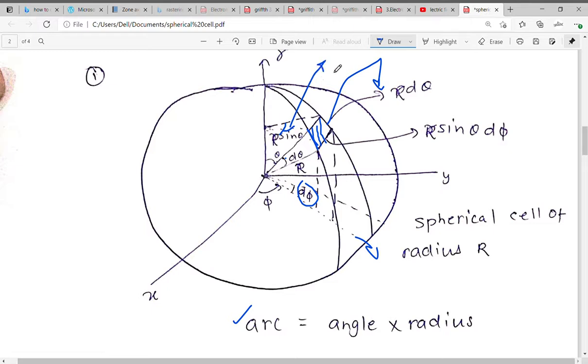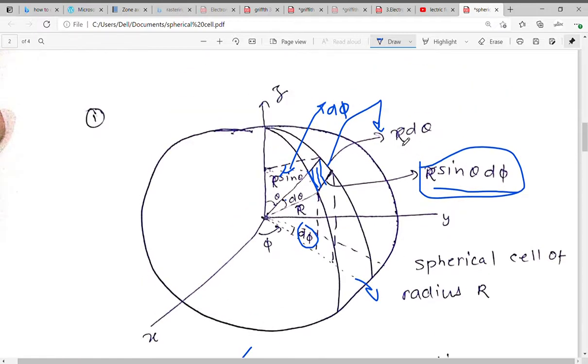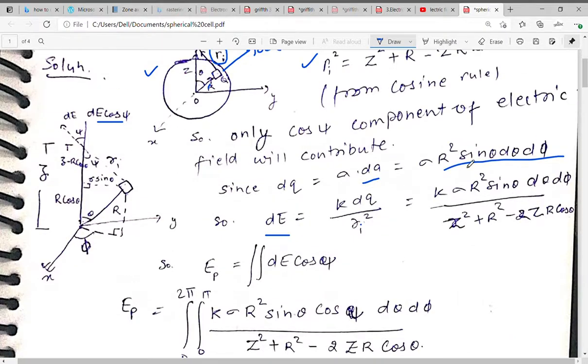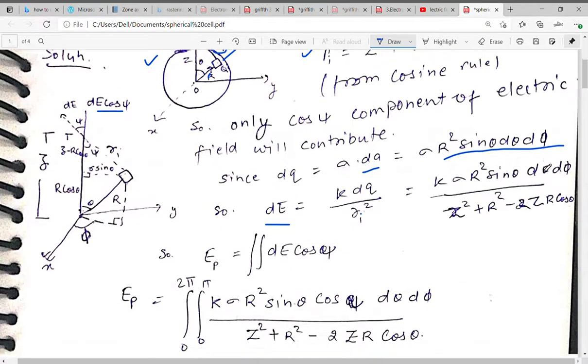Simply, arc equals angle into radius, so this side of the area element will be r sin theta into d phi. So the area element will be r d theta into r sin theta d phi, which is basically r square sin theta d theta d phi.